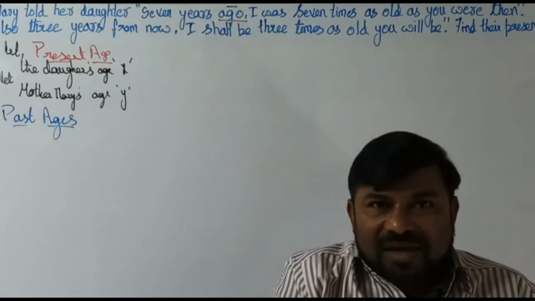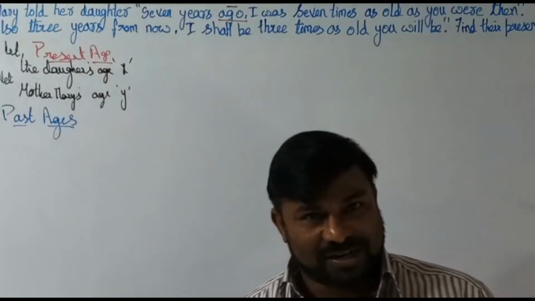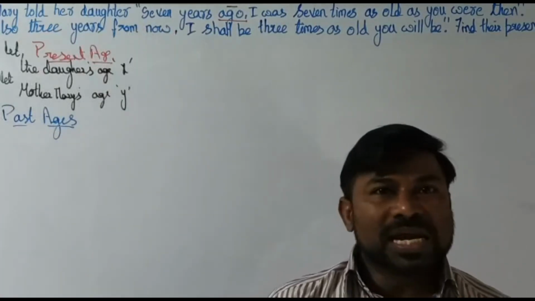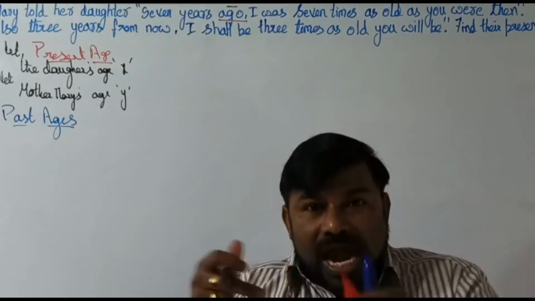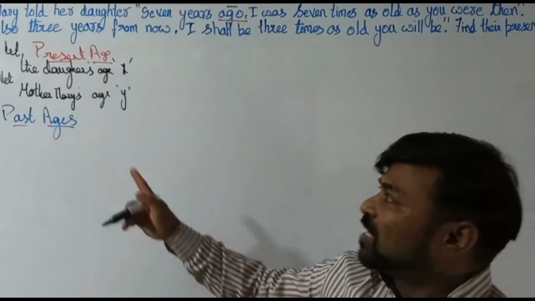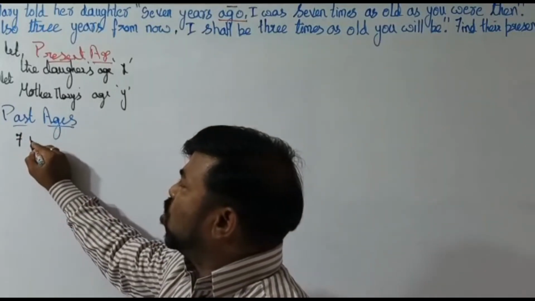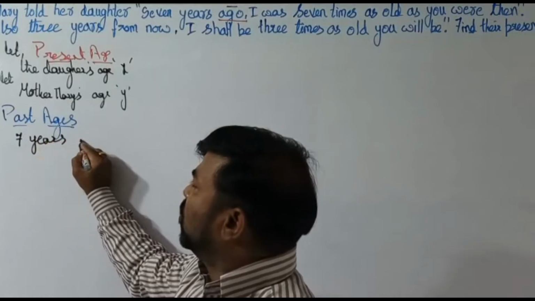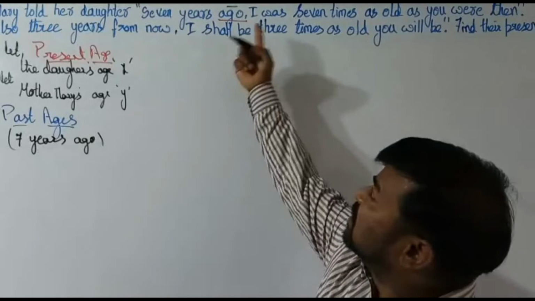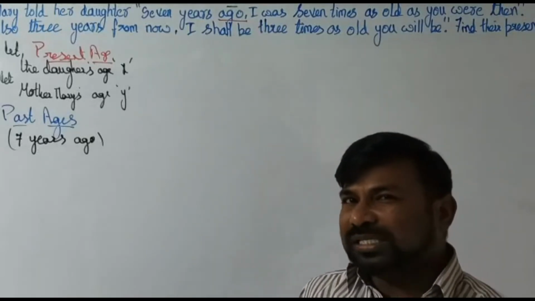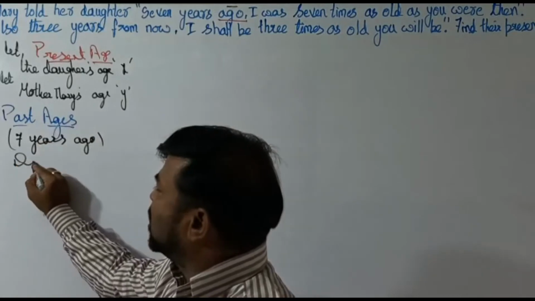Whatever age we have now, 7 years ago means X minus 7. If your age is Y now, 7 years ago your age is 7 less than the present age. So past ages, that is 7 years ago. What is the daughter's age 7 years ago?